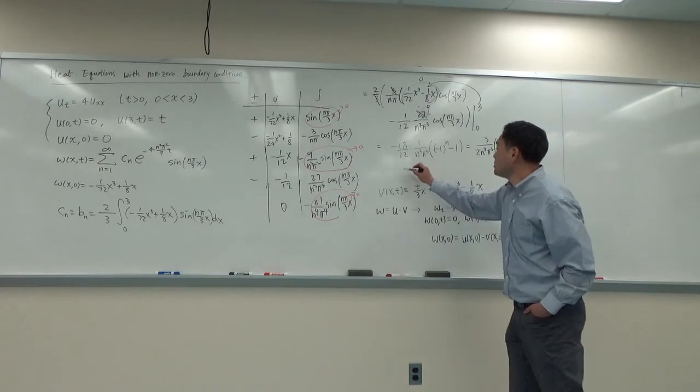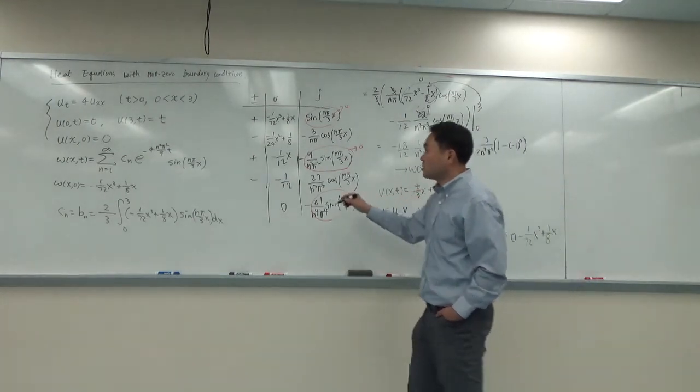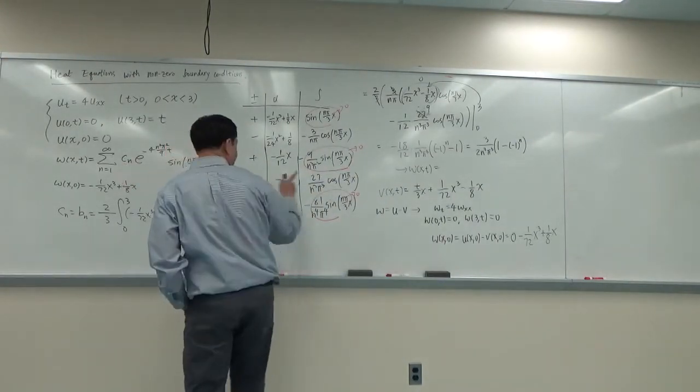And therefore, you see that w must be w(x,t). So these are your c_n, so all I have to do now is replace this c_n by what I just got.